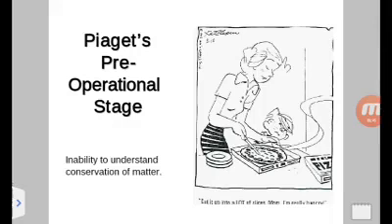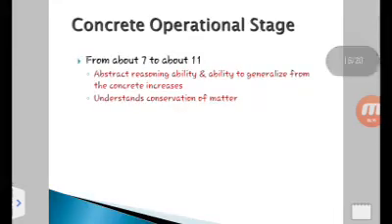The next one is the concrete operational stage from about 7 to 11 years old. From here, a child's abstract reasoning ability and ability to generalize from the concrete increases, and they also understand conservation of matter.